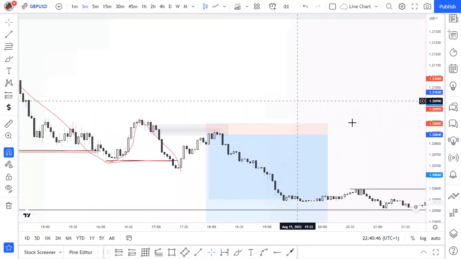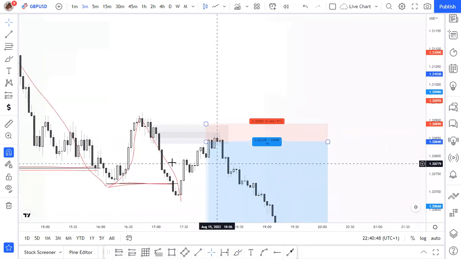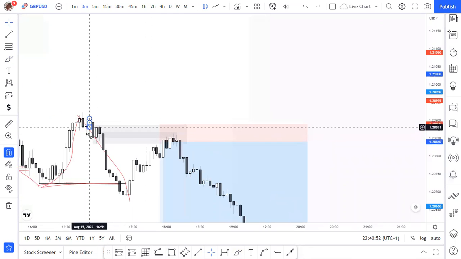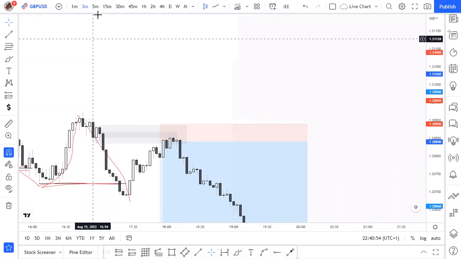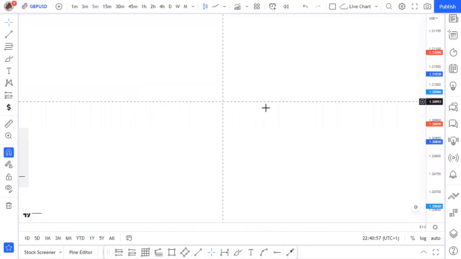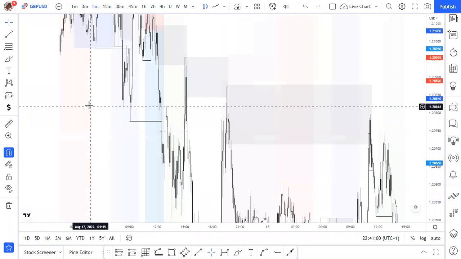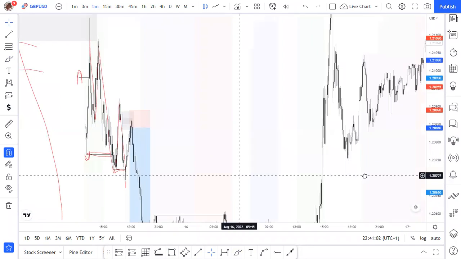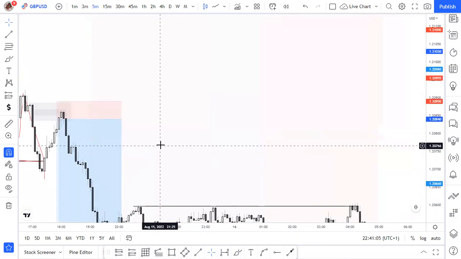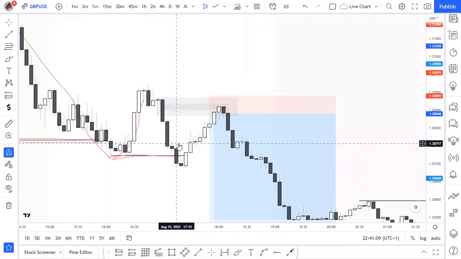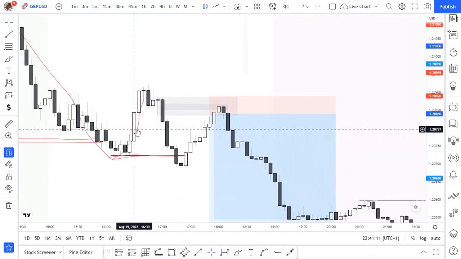That's why I look out for engulfed candles like this particular engulfed candle here. I think this was a 5 minute zone.